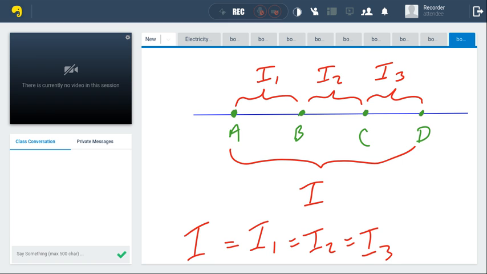The amount of water that passes A to B per second would have to be the same as B to C and C to D, because it's all along one line. And even if it was difficult or easy to get through that line, it's one line and it's all moving, and so it doesn't matter at what point you look at it, it would have to be the same.